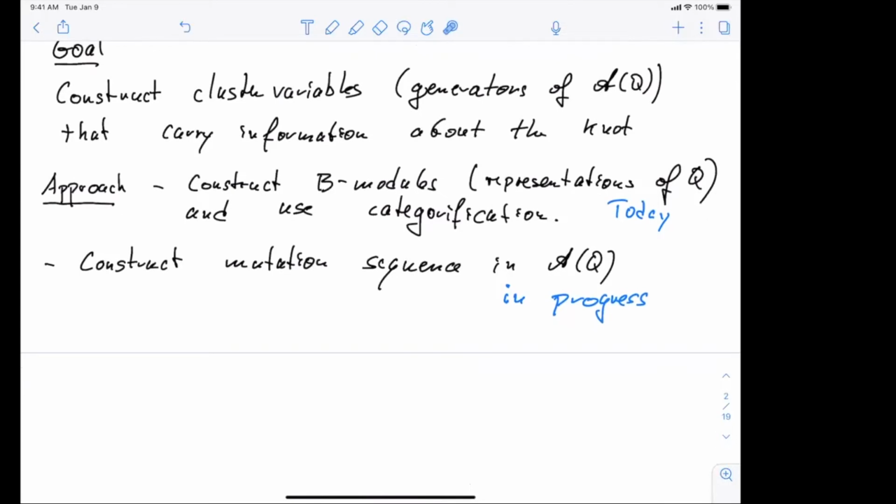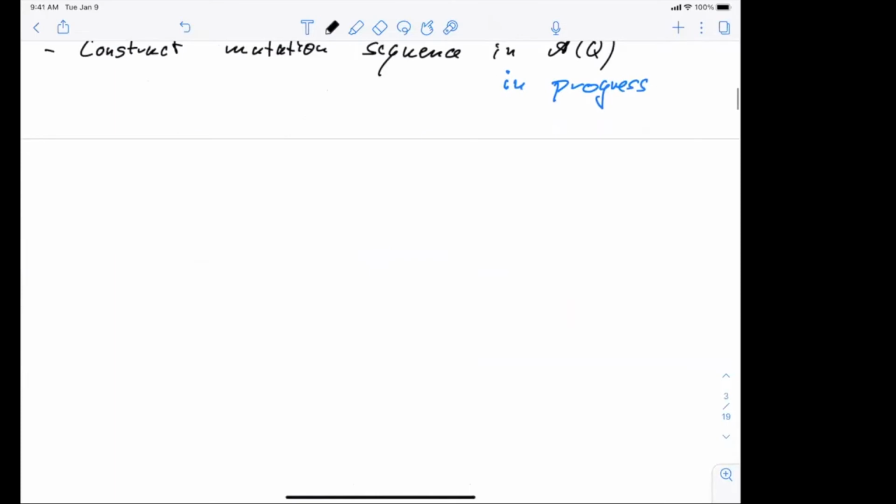Okay, so I said we want to construct a B module, so we want to construct quiver representations, and we do this for every segment.